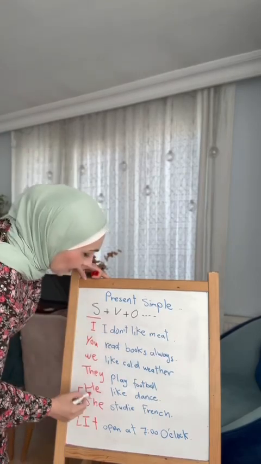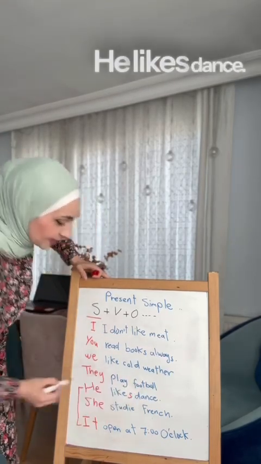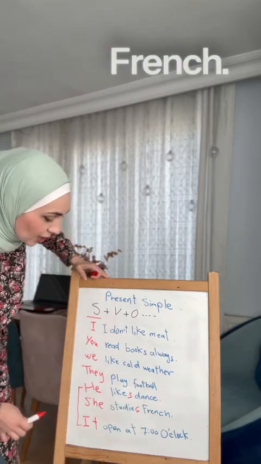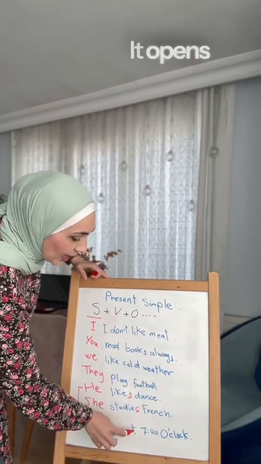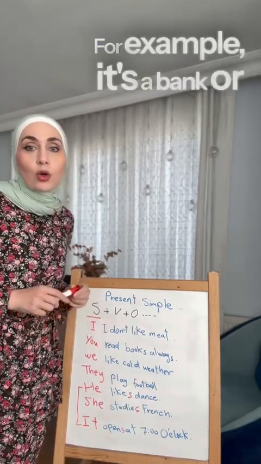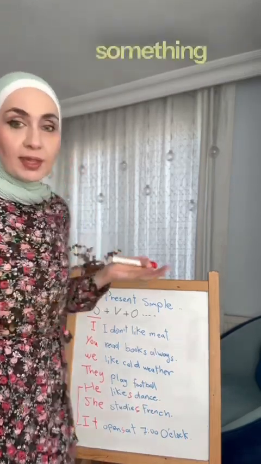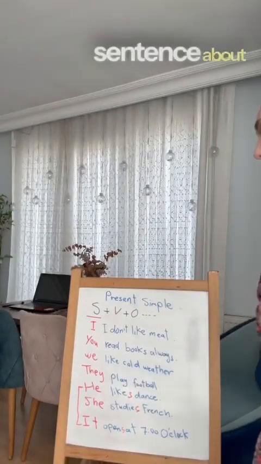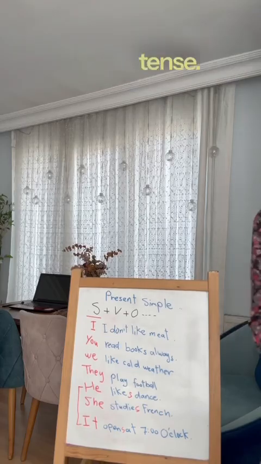He likes dance. She studies French. It opens at 7 o'clock. For example, it's a bank or something like this. So, these are sentences in the present simple tense.